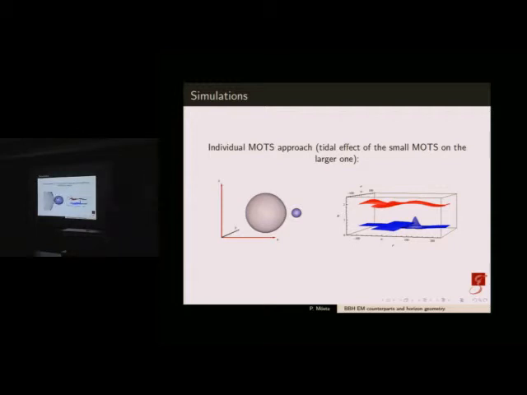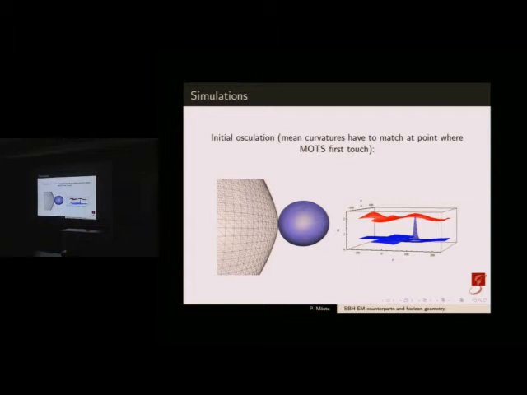And now they continue to approach, and this is now at the point where they first touch. If you look at the coordinate representations here on the left, you see that now the two surfaces actually touch at some point. And at this point, mathematical theory tells us that the mean curvatures, at least at the point where they first touch, have to agree. This is known from analytical theory.